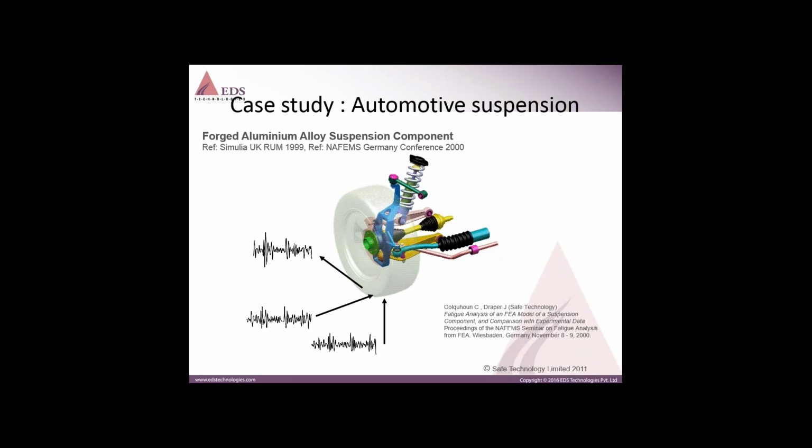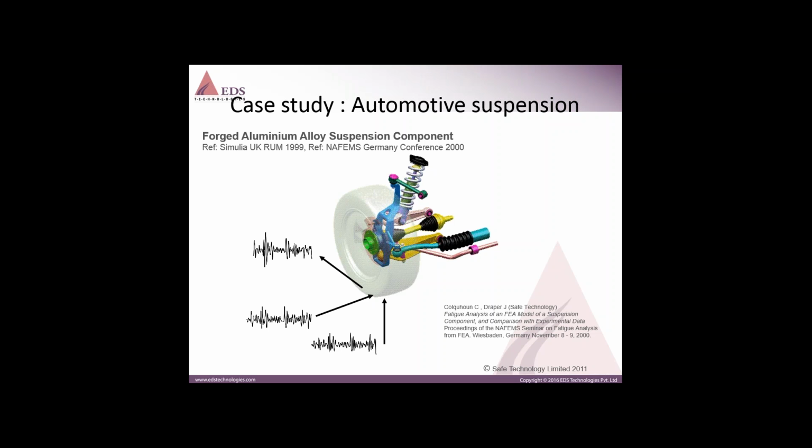This is a case study of an automotive suspension, wherein generally an automotive suspension will be under three different types of loading: braking loading, and of course from the top the whole vehicle's body will be on this suspension, and because of braking there will be cornering load also.